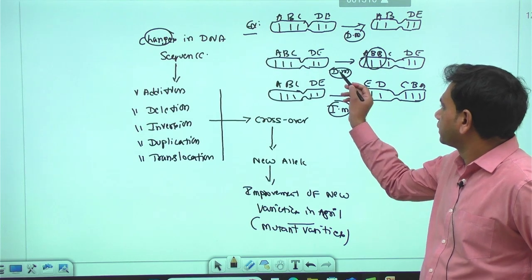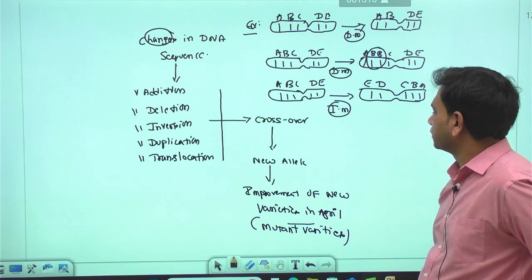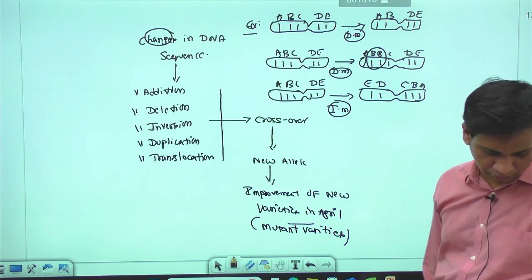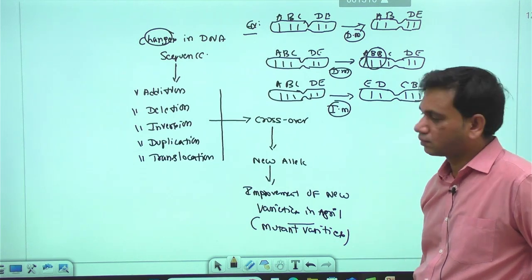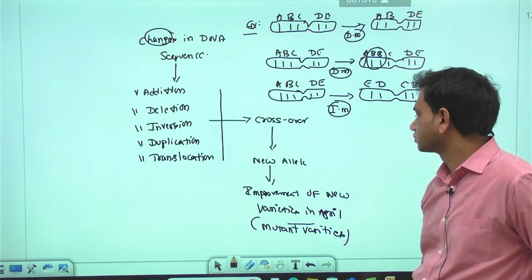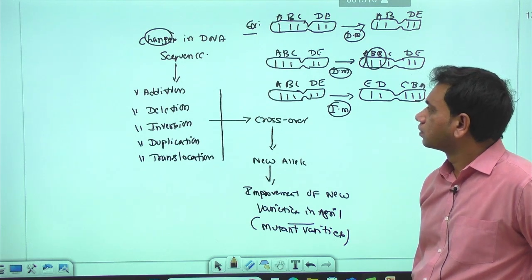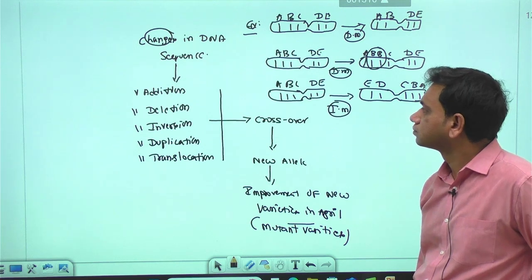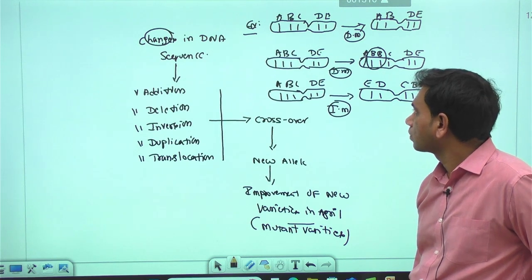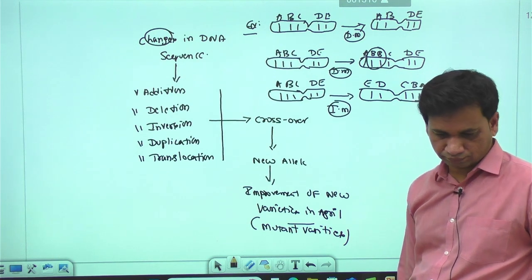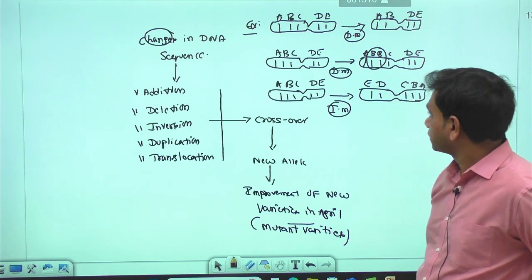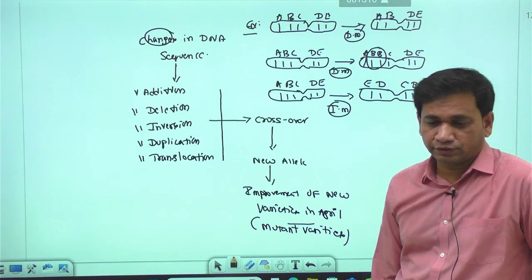So one is duplication, another is the inversion mutation. So it is not only a structural mutation, it can also be a numerical mutation.